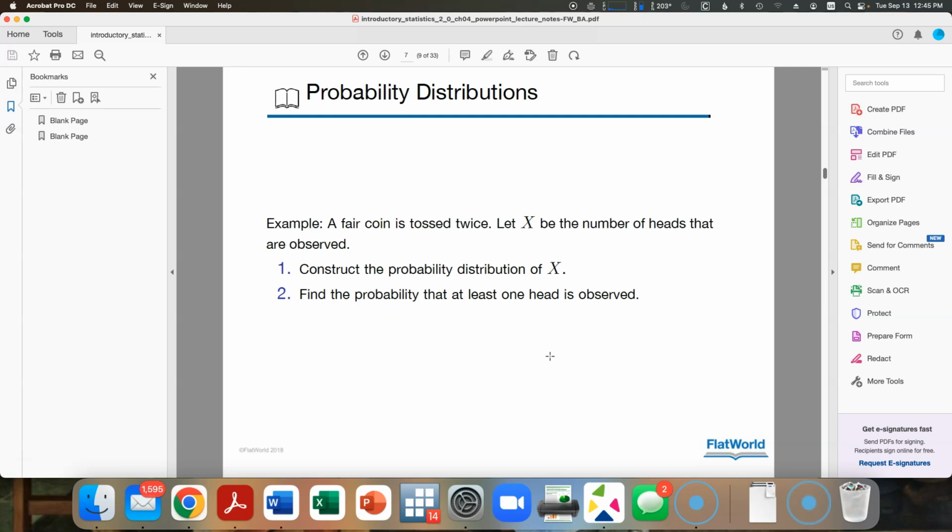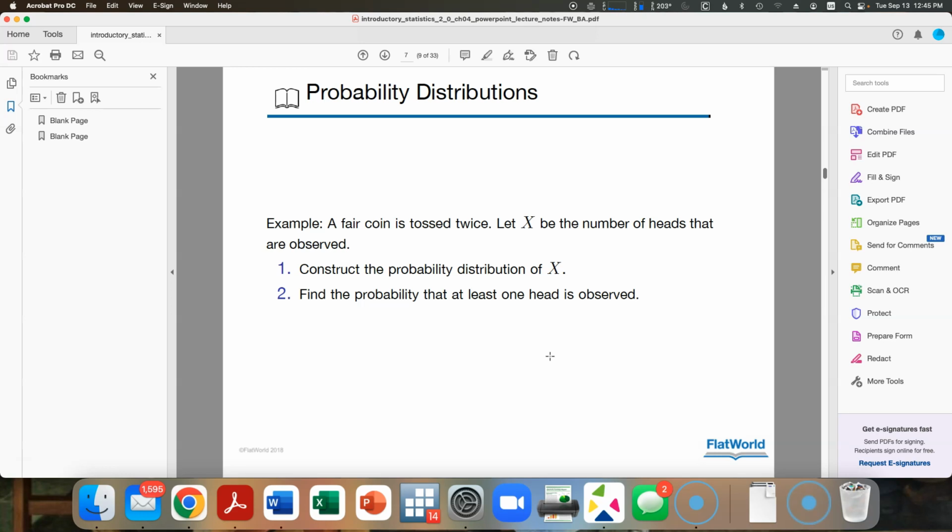So let's do an example here. If we toss a coin twice, the random variable, in our case, is the number of heads that you're going to get. So the options would be 0, 1, or 2. You can get 0 because you toss it twice and get tails both times.